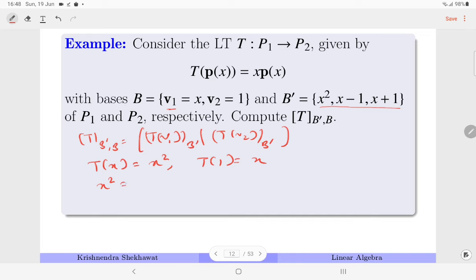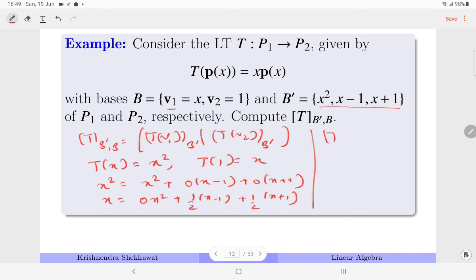In this case a lot of computation is not required, straightforward, because I can write x square as x square plus 0 times (x minus 1) plus 0 times (x plus 1), and similarly I can write x as 0 x square plus half (x minus 1) plus half (x plus 1).